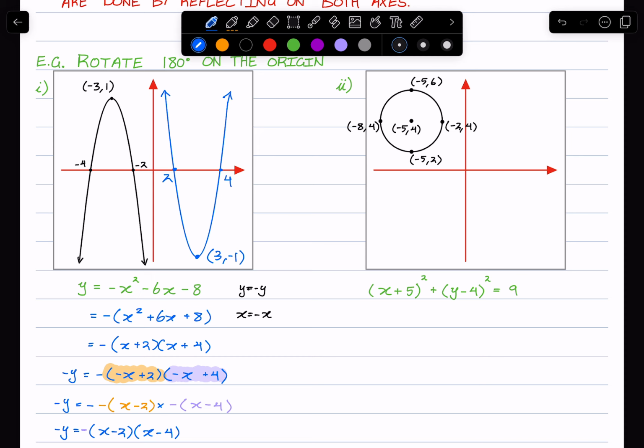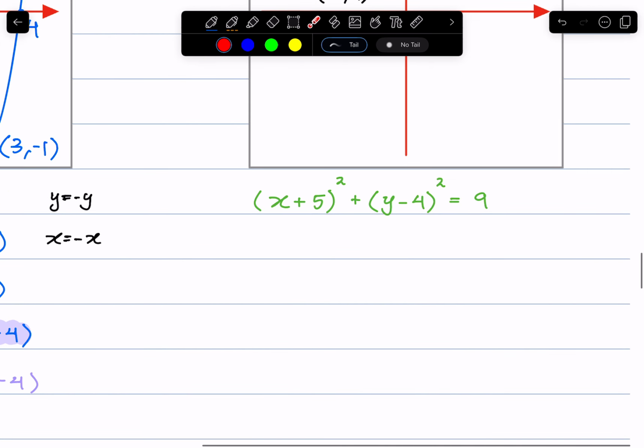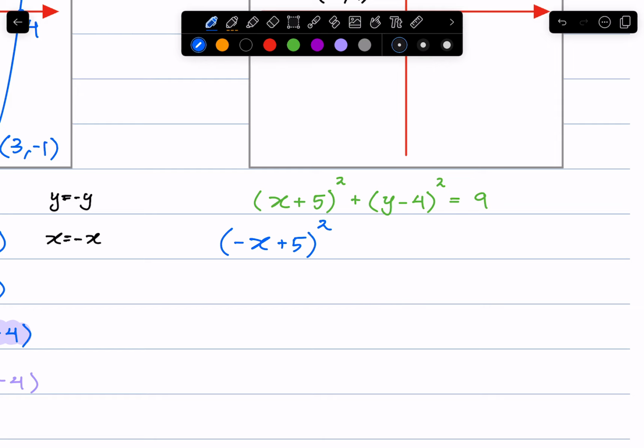Now, doing this one more time, to this circle, the same thing will apply. We're going to substitute both of these into x and y. So it becomes negative x plus 5 squared plus negative y minus 4 squared equals 9.